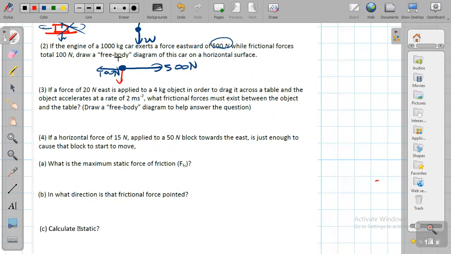The 1000 kilograms means it exerts some 10,000 Newton downwards, and the reaction force upward. This is all you need to draw. Got the point? Understand? Okay, great.